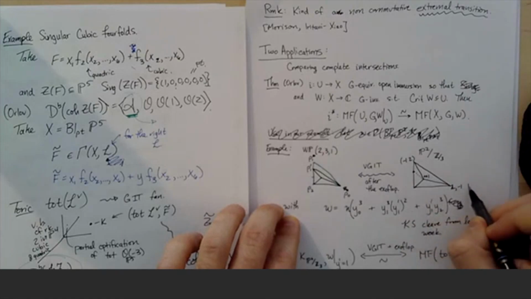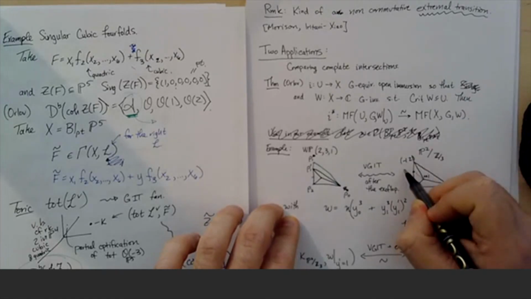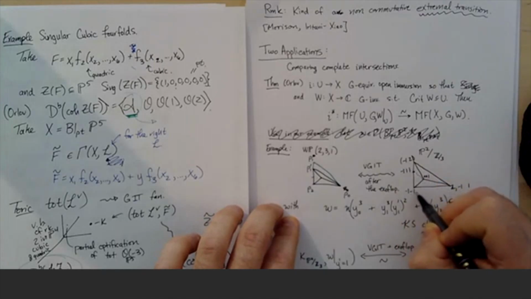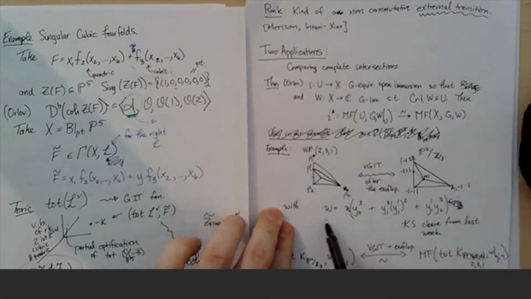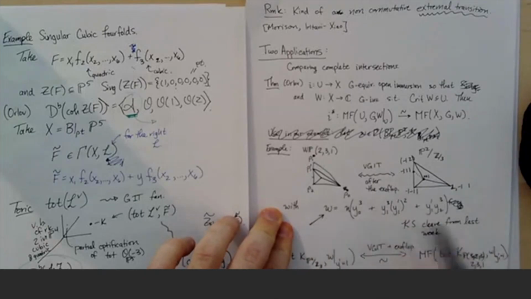And this is all at height 1, right? And this is like -1, 1, 1, and this is -1, -1, 1. And yeah, so this is the superpotential that I can write on this just by looking at the dual cone to this thing, right?